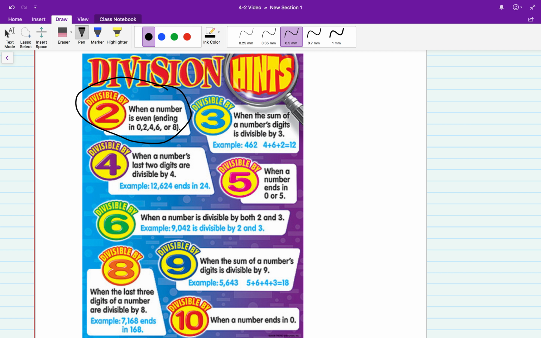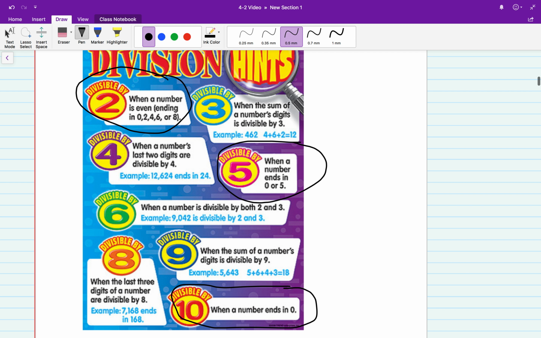I'm going to skip around a little bit. 5, you also already know. Any number that ends in 0 or 5. Think about counting by 5s. 5, 10, 15, 20, 25, 30. So this one we know. And 10 has to end in 0. So I know 37 isn't divisible by 10 because it ends in 7, but 30 is.